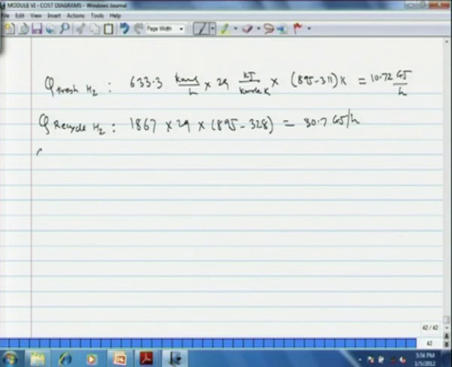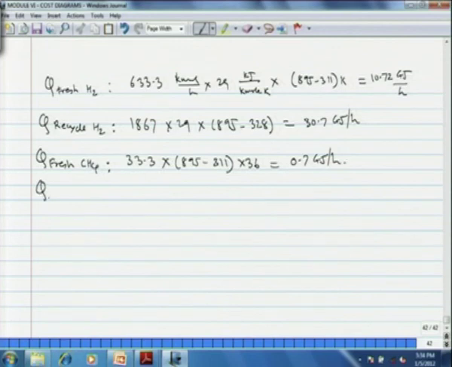Then the heat duty for fresh methane, 33.3 kilomole per hour into the temperature 895 minus 311 into 36 the heat capacity, 0.7 gigajoule per hour.